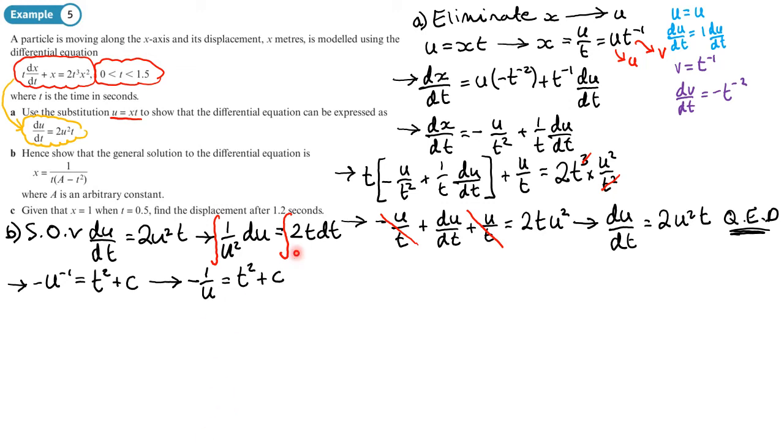Now we need to substitute back, and u is equal to xt. So it might be helpful actually, before we substitute in, to take the reciprocal of both sides. So I'll have negative u equals 1 over t squared plus c.